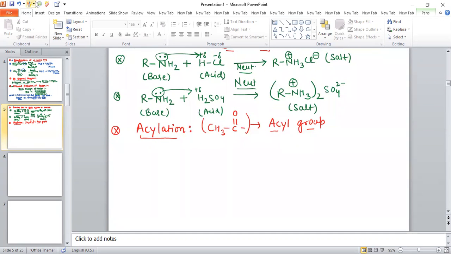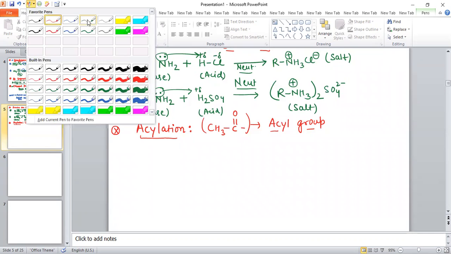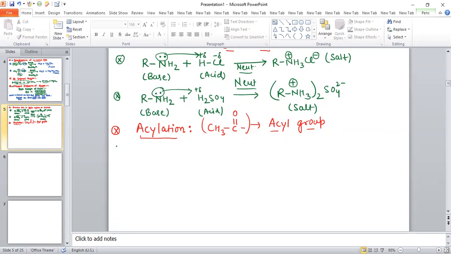See how this reaction takes place. Suppose we have an amine like RNH2, I am taking C2H5NH2. Consider its reaction with an acid chloride, ethanoyl chloride. This carbon has a partial positive charge and this oxygen has a partial negative charge.